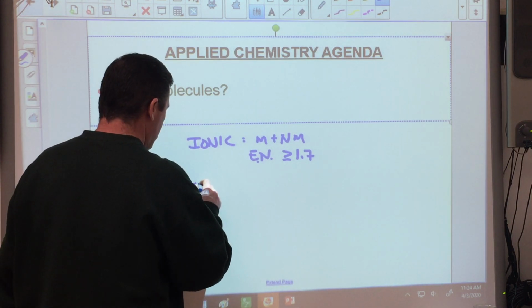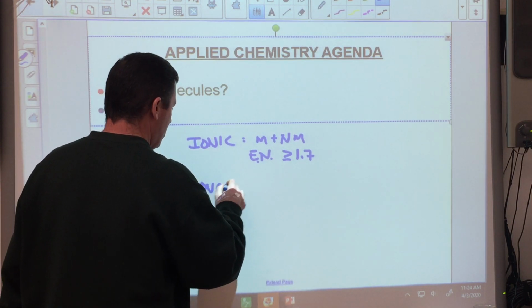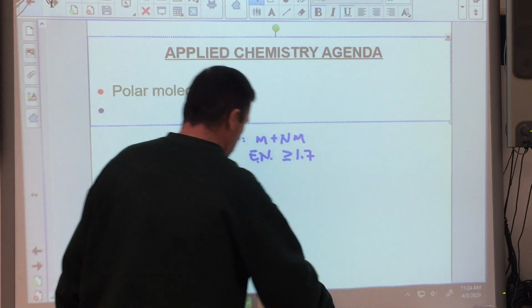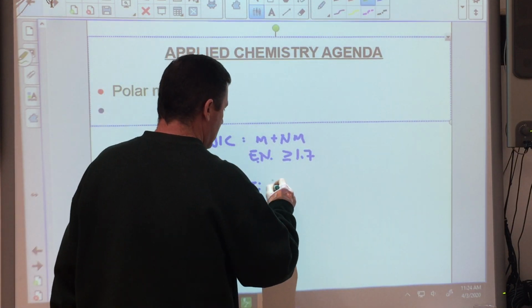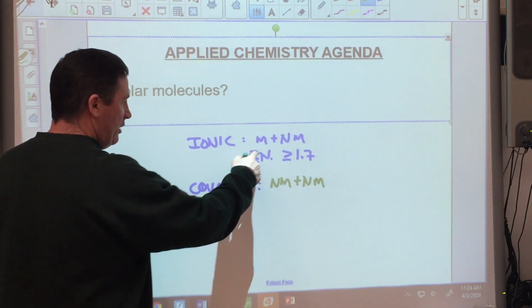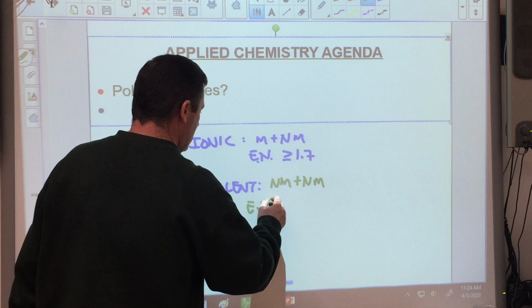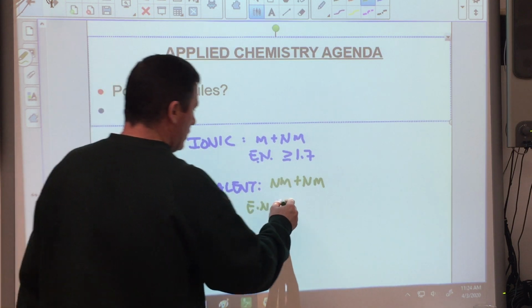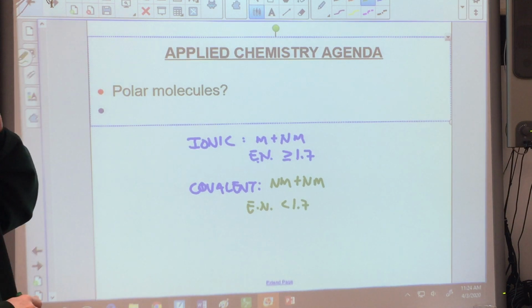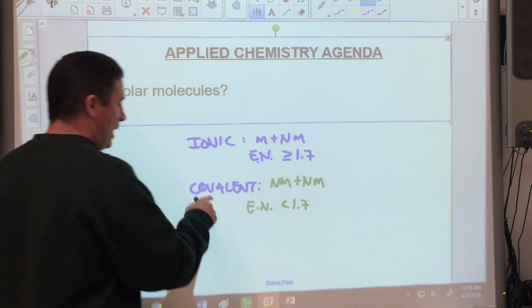If it's a covalent bond, we're talking about a nonmetal and a nonmetal. If we're talking about the electronegativities, the difference is going to be less than 1.7. And there are two different types of covalent bonds.